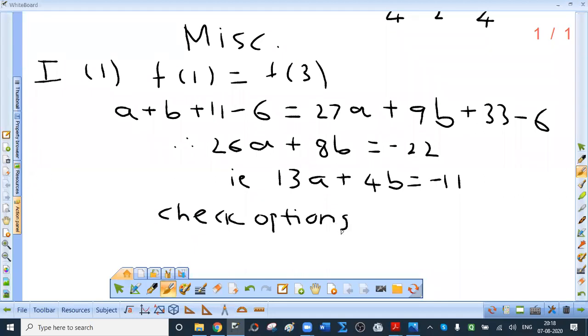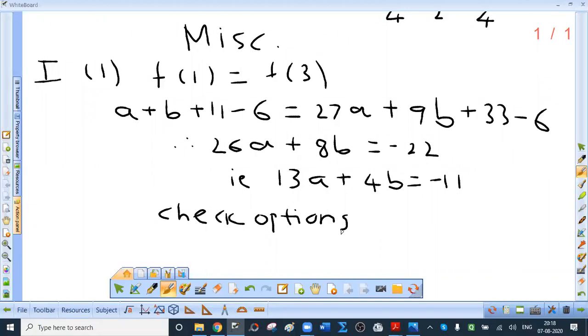See, when you are using shortcut method, you have to be very careful. Suppose in option A, you see that equation is satisfied. You cannot declare that A is the correct option. Why? Because you will have to verify whether values in options B, C, D do not satisfy this. If they do, then we'll have to obtain second equation.